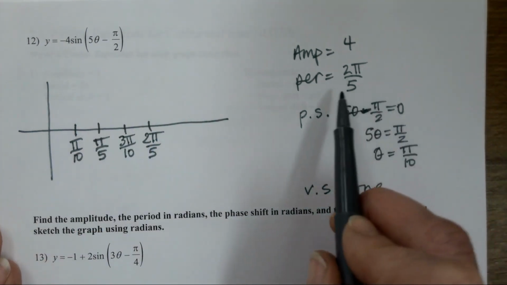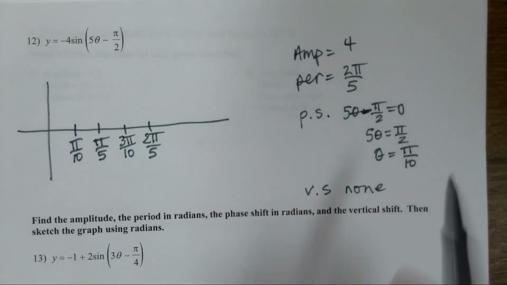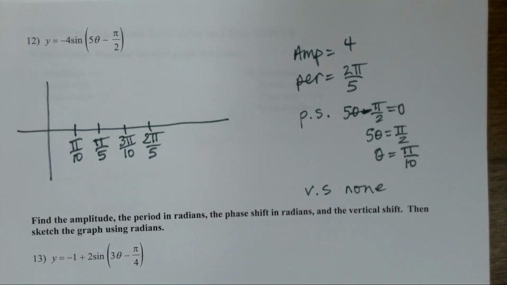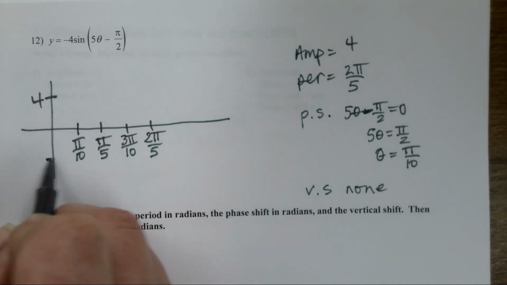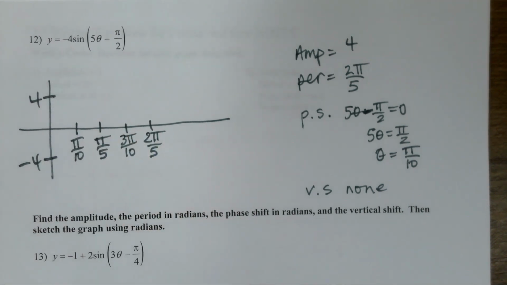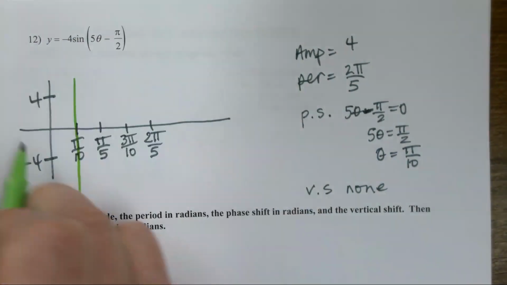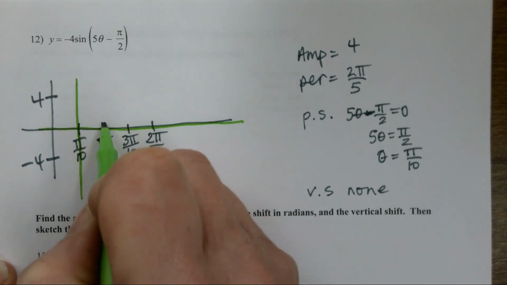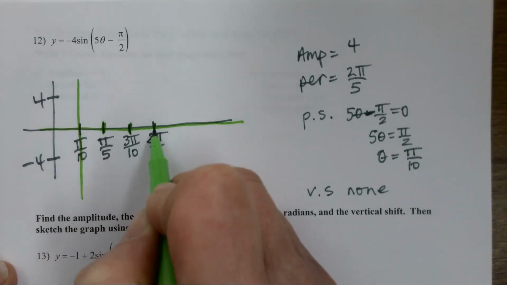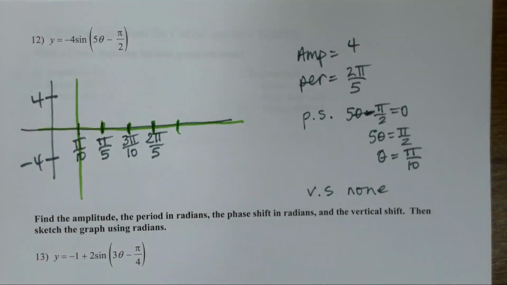I need to shift it pi over 10. Oh, that was nice. It shifts exactly to one of my intervals. So again, I take my green marker and I draw my shifted graph, and all of my new marks are on old marks. I just have to add one additional.